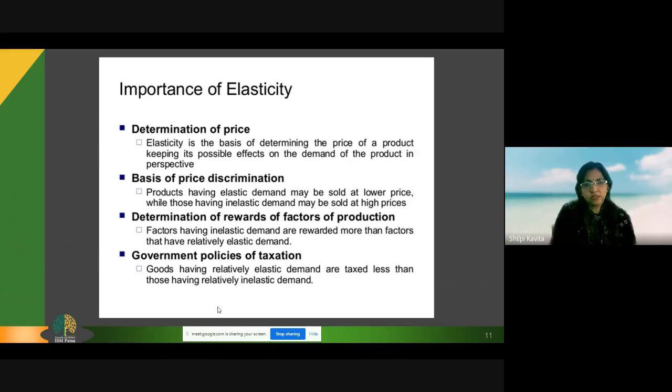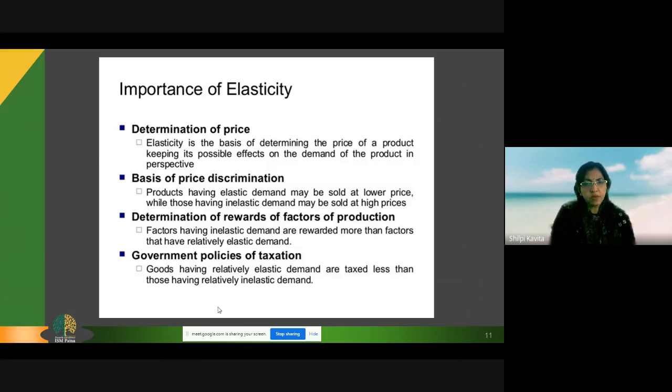Even price discrimination, that is charging different prices to different consumers or different segments, I should say. They know that even if they sell at a lower price in an inelastic market or elastic market, what will be its effect? So products having elastic demand may be sold at a lower price, while those having inelastic demand may be sold at higher prices.